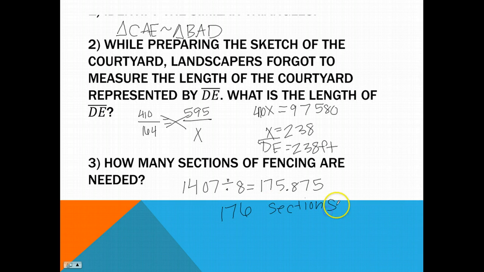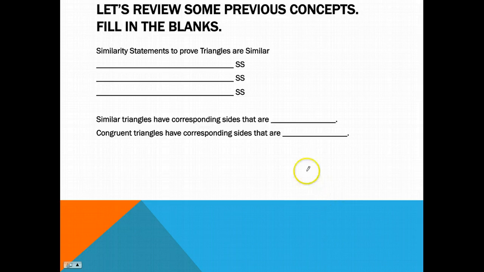Now let's go over some other terminology in the next part of your notes under the key concepts. So that first one is filling in the blanks. So similarity statements, true triangles are similar. So one we have is the angle similarity statement. Another one we've taken a look at is the side similarity statement.